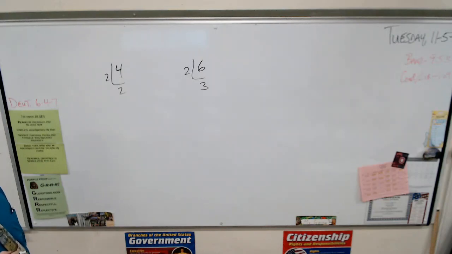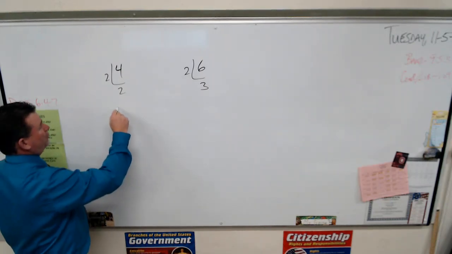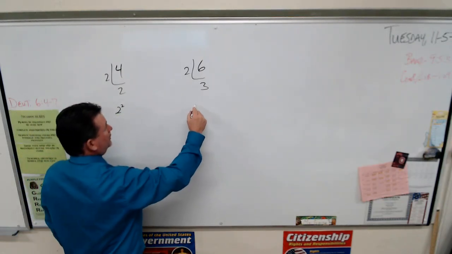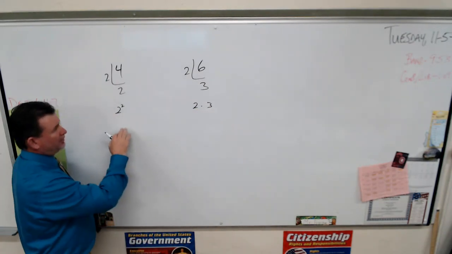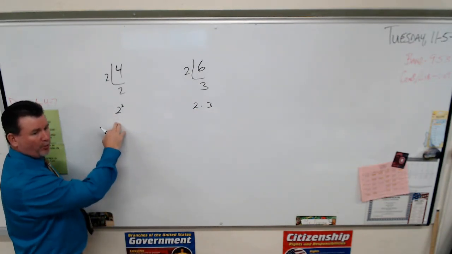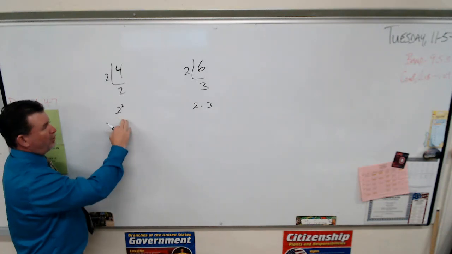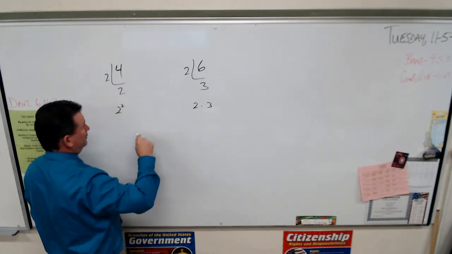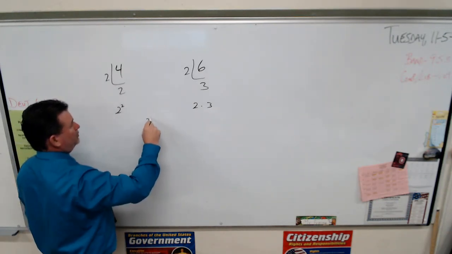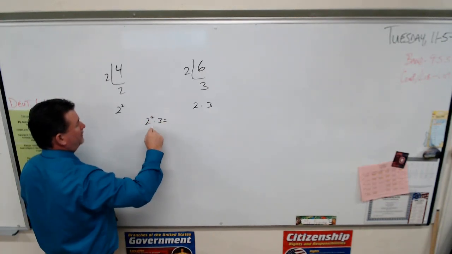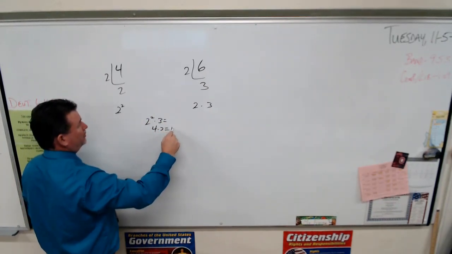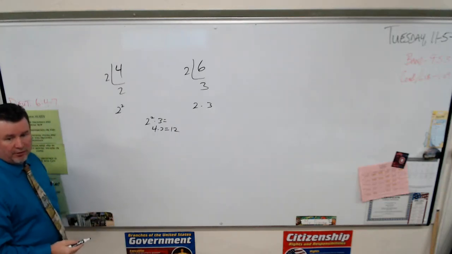Factors of 4, prime factors, 2 squared, 2 times 3. Which 2 am I going to use? The one that's squared. And I have to use the 3. So it's 2 squared times 3. 4 times 3 equals 12.